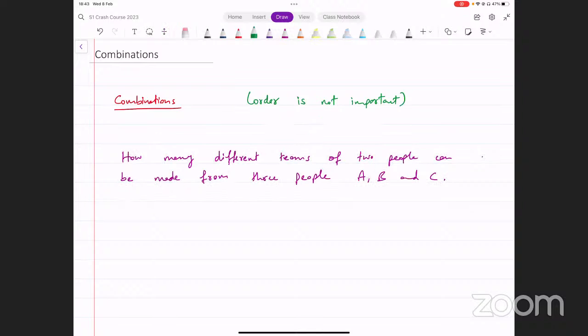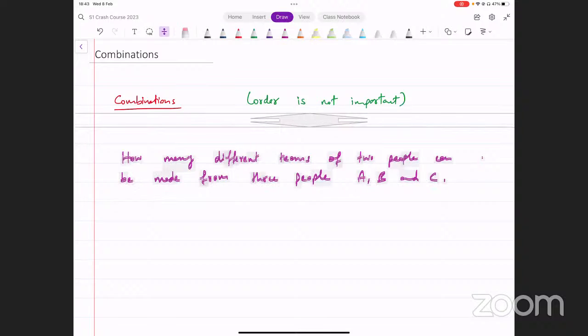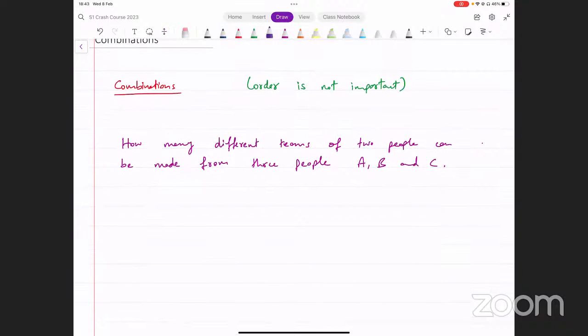Let's say they're labeled A, B, and C. How many different teams of 2 people can be made from this? Now, if you were to use permutation here, what's the total number that you've got? You've got 3. And how many do you have to select? 2. 3P2, that would have given you 6.